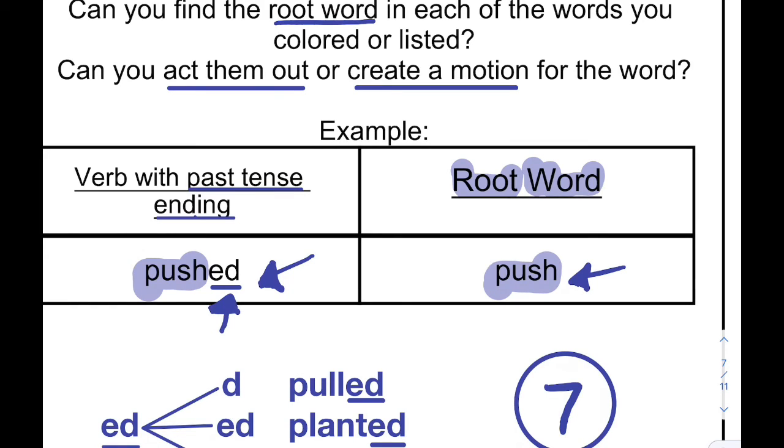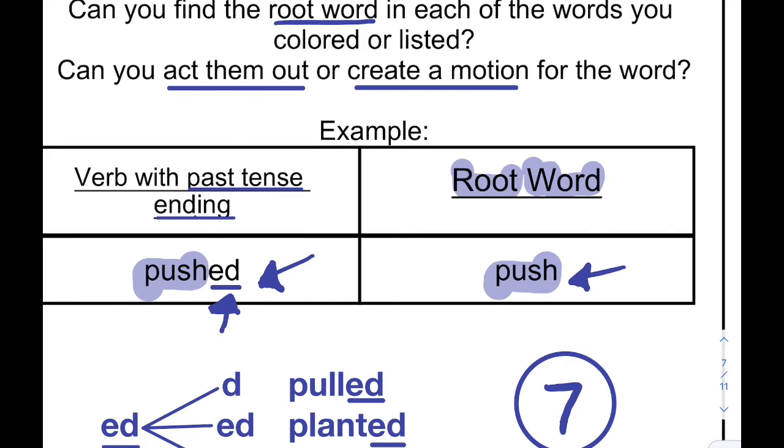By adding the ED, it makes the word mean that it's something that happened in the past. For example, I pushed the grocery cart at Food City yesterday while getting my groceries. I would need the ED because it's something that I did in the past.